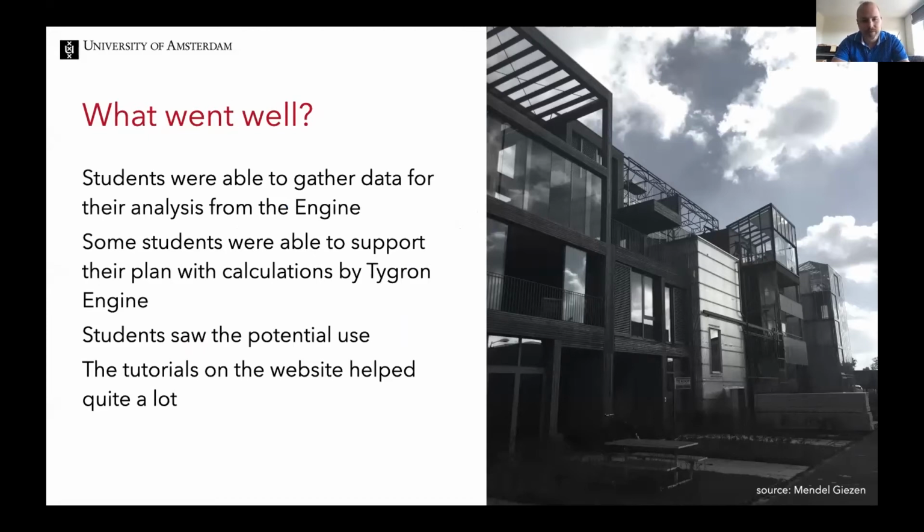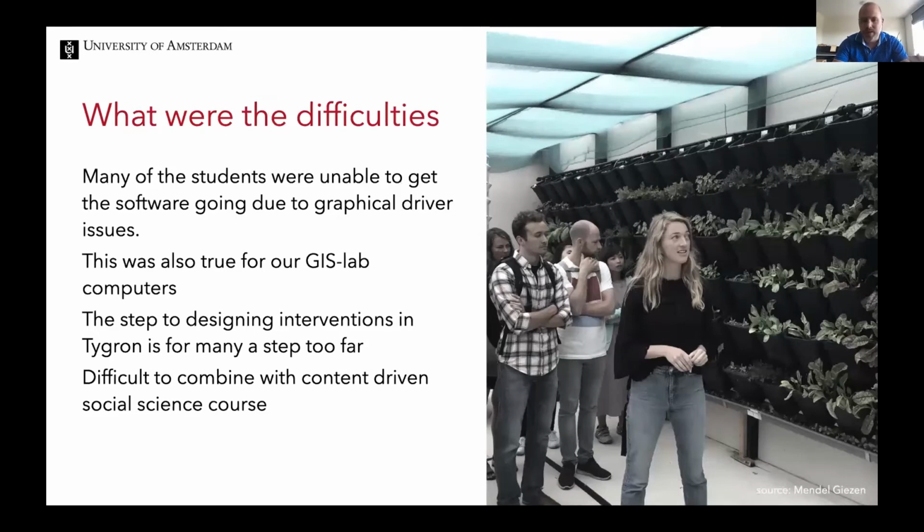And some students were able to support the plan also with calculations by the Tygron engine. But in the end, only a few of the students were able to achieve this within the software. Students saw a potential use and saw the relevance for their future career. And the tutorials on the website helped quite a lot for students to understand what they were actually supposed to do. But there were quite a lot of difficulties as well.